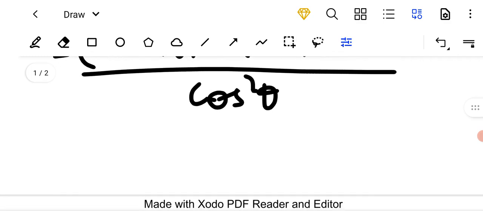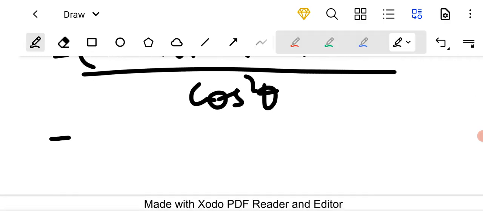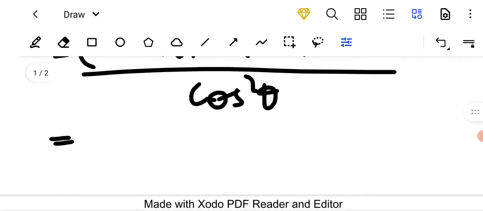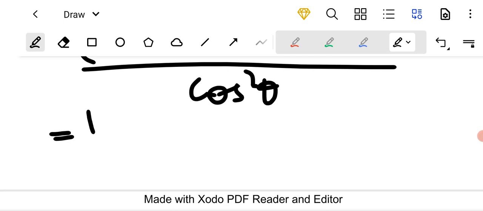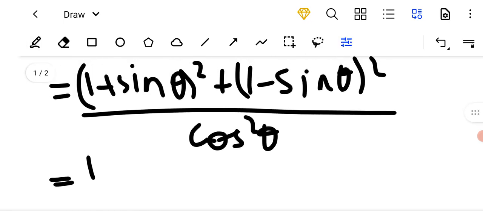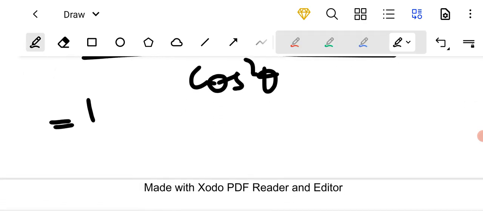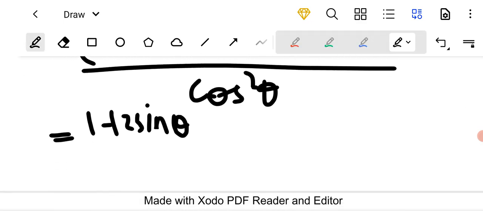Then reach this point, you can say is equal to, expand the brackets. So 1 squared is 1. 1 times sine theta is sine theta, times 2 is 2 sine theta. So plus 2 sine theta. And then sine theta squared will be, sine theta times sine theta is sine theta squared, like that.